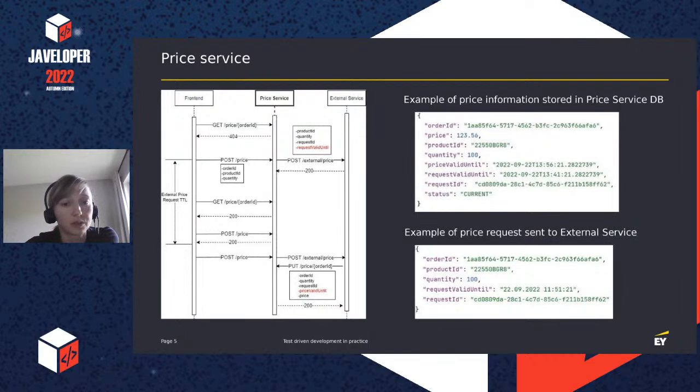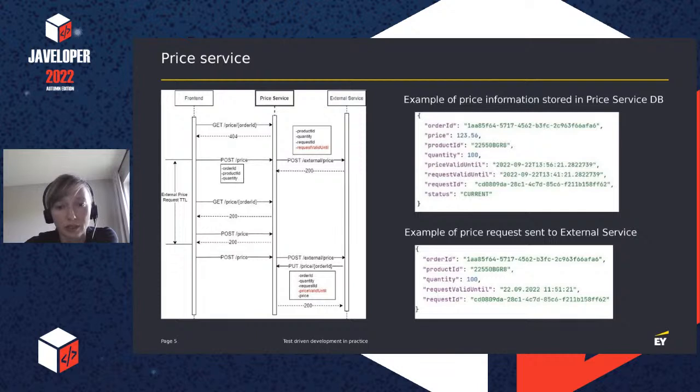And also what is important, this parameter should be provided as date time in UTC time zone, and it should have a predefined format, which is different from the standard ISO format. And you can see the example of this external request in the bottom right corner.